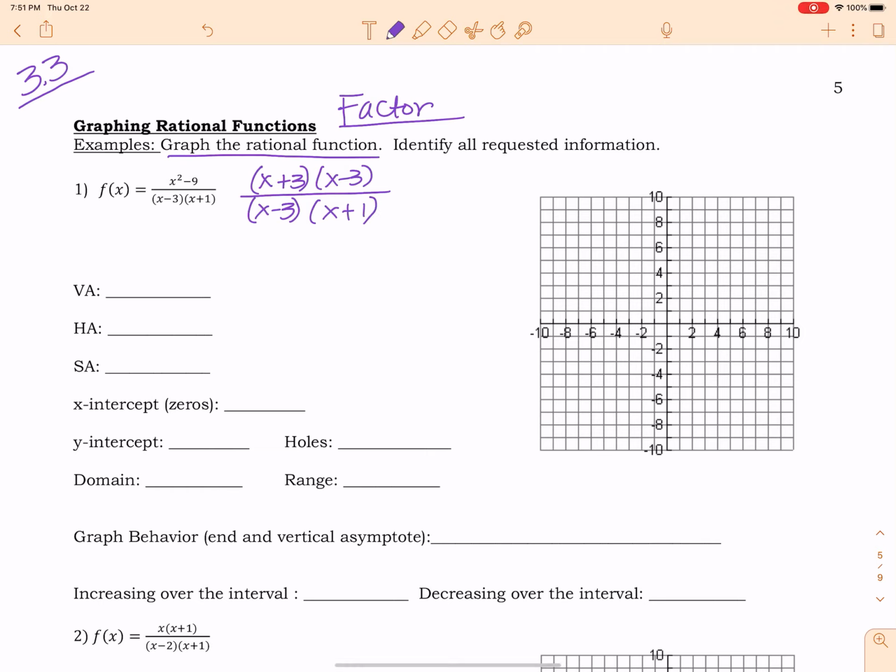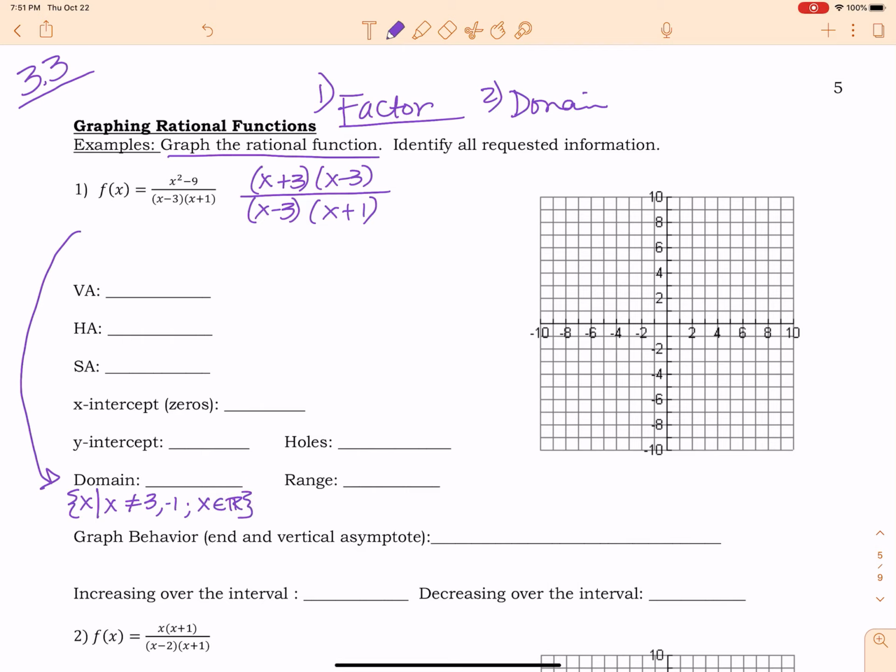Remember, once I factor, my next step is to define the domain. That's right down here, and I didn't leave a lot of room. The domain is all x such that x cannot be equal to 3 or -1, and it contains a set of real numbers.